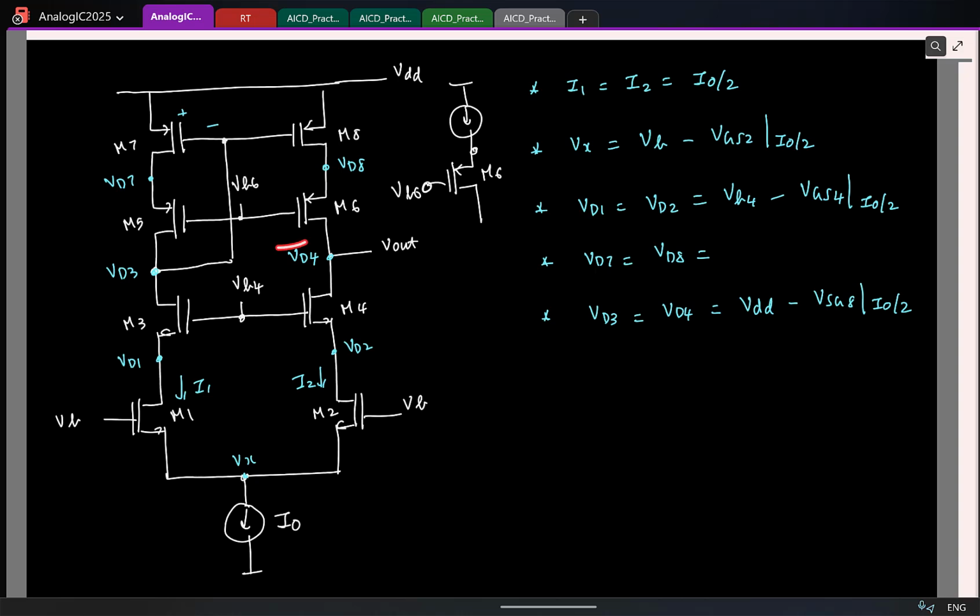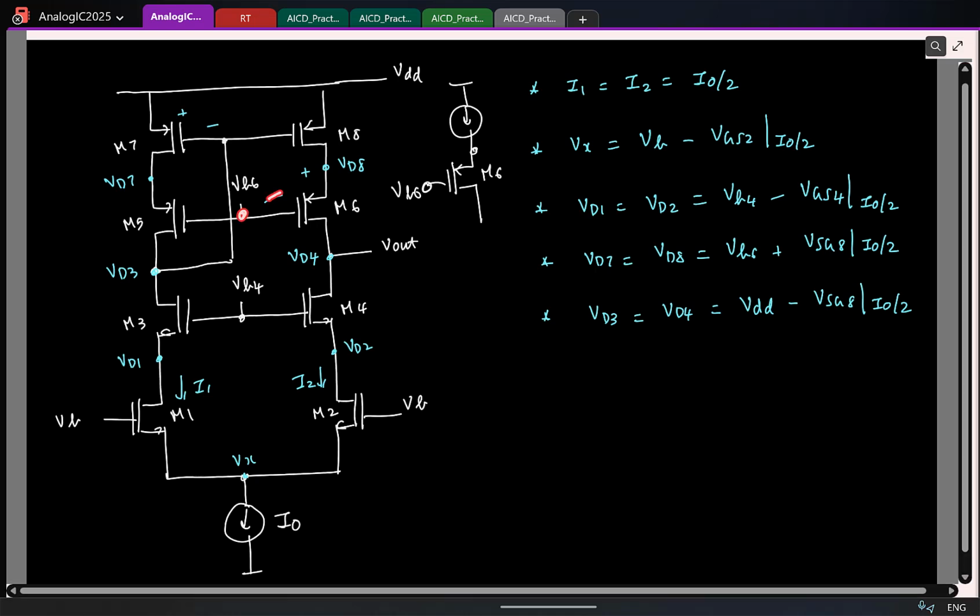And for the transistor, what is getting set? The source to gate voltage. So this is my source to gate voltage. Now you should be able to tell me what is VD8. VB6 plus, I'll say VSG of M8 at a current of. So gate voltage plus the source to gate drop, that gives this voltage.